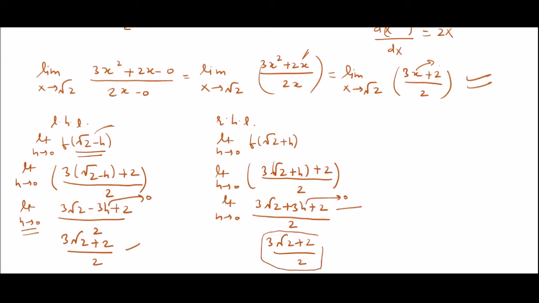So the left hand limit and the right hand limit are equal. So this implies that the limit x tends to root 2, 3x plus 2 upon 2 has the limit 3 root 2 plus 2 upon 2, right? Now you can see that this is the perfect answer to get an approaching value of a function if we fail to find its real value.